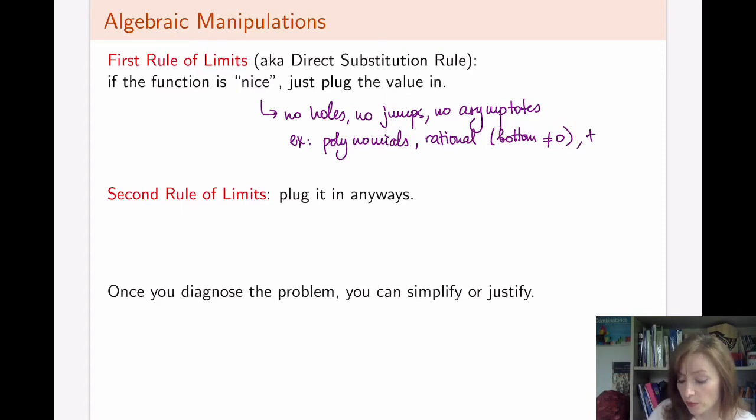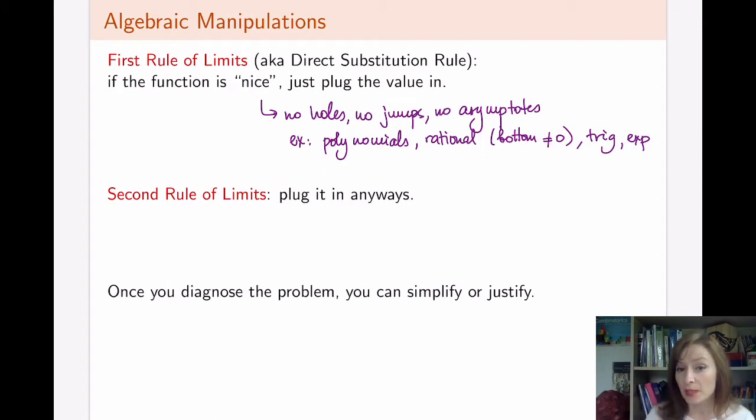Things like trigonometric functions, so for example, sine and cosine are nice smooth curves. You can always calculate any limit along them. Except for, of course, like tangent already starts to have asymptotes. Things like exponential functions, they're mostly well-behaved, logarithms and so on. So the more functions we see, the more functions we will analyze with respect to holes, jumps, and asymptotes.